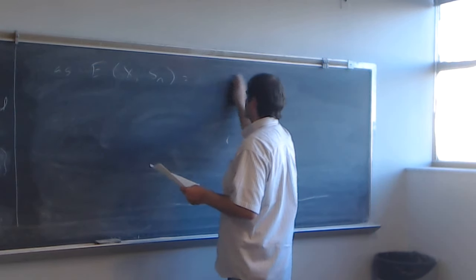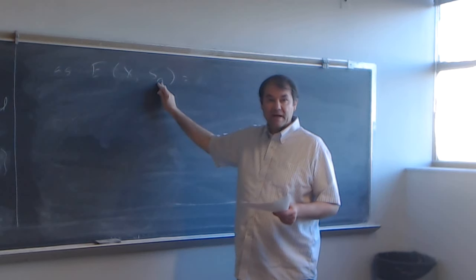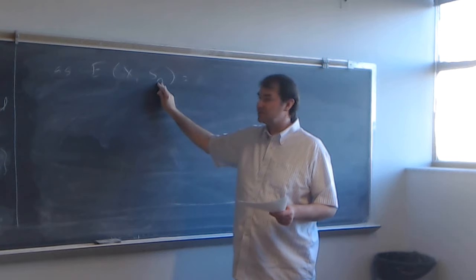Well, here, let me write out this one. This S of n has n of the random variables involved that we're adding together, so x of 1, x of 2, and so forth.